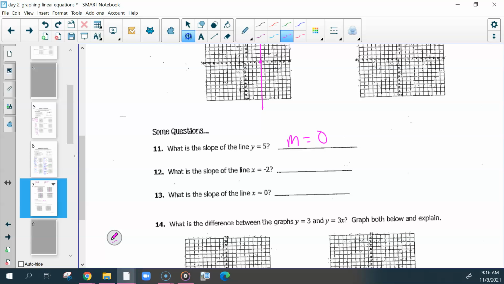What would the slope of x equals -2 be? Undefined. What about the slope of x equals 0? Yes, it's a trick question because they throw in that 0, but it's still an x equals, so it's still undefined.